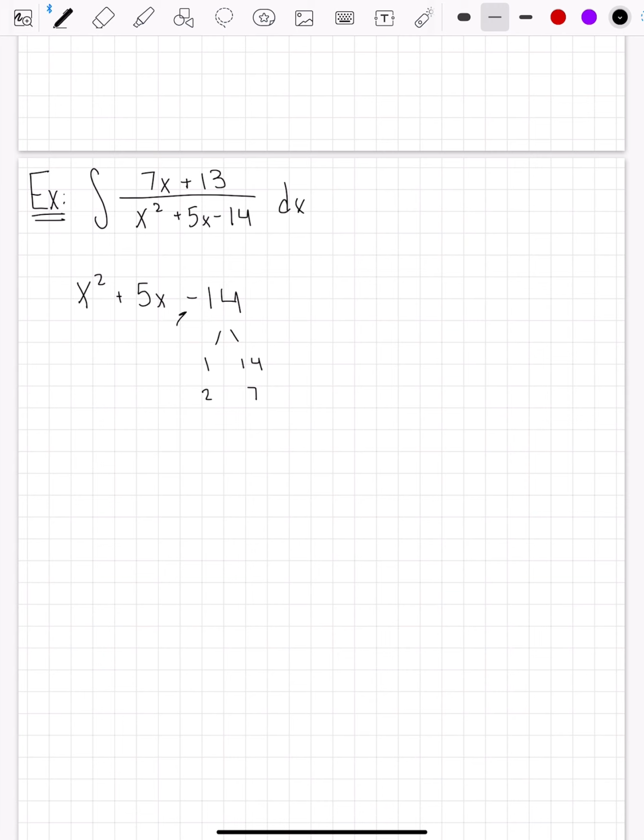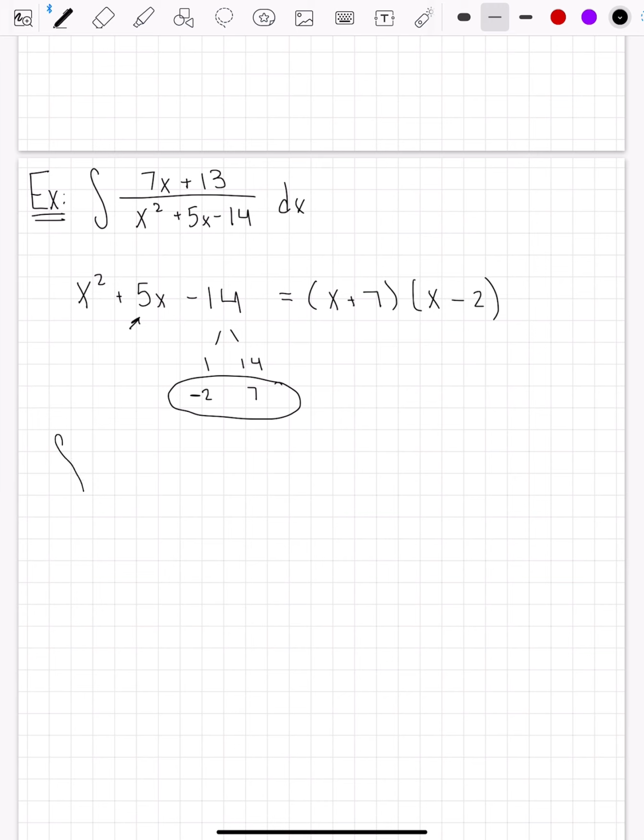And this is a negative 14, so one or the other of these numbers is going to be negative. Which one can we add up to get 5? Well, we can use 7 and a negative 2. 7 plus negative 2 is 5. So this equals x plus 7, because we want the 7 positive, and x minus 2.